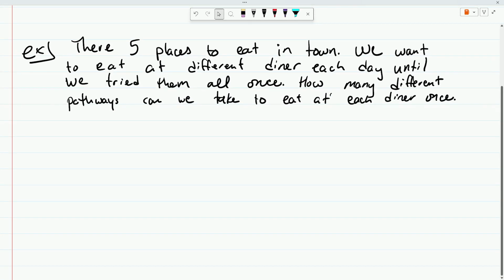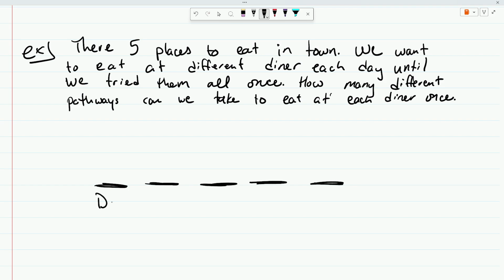Okay? So if you think about the fundamental principle of counting, we know we have 5 options. So 1, 2, 3, 4, and 5. So we'll call this diner 1, diner 2, diner 3, diner 4, and diner 5. All right? So the idea behind this is on the first day, we have 5 options.